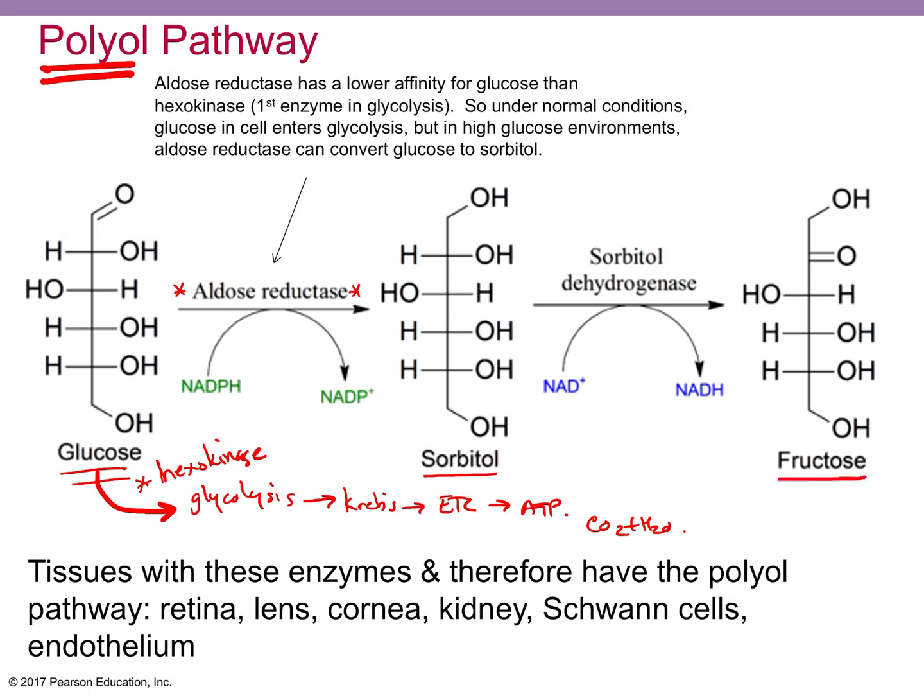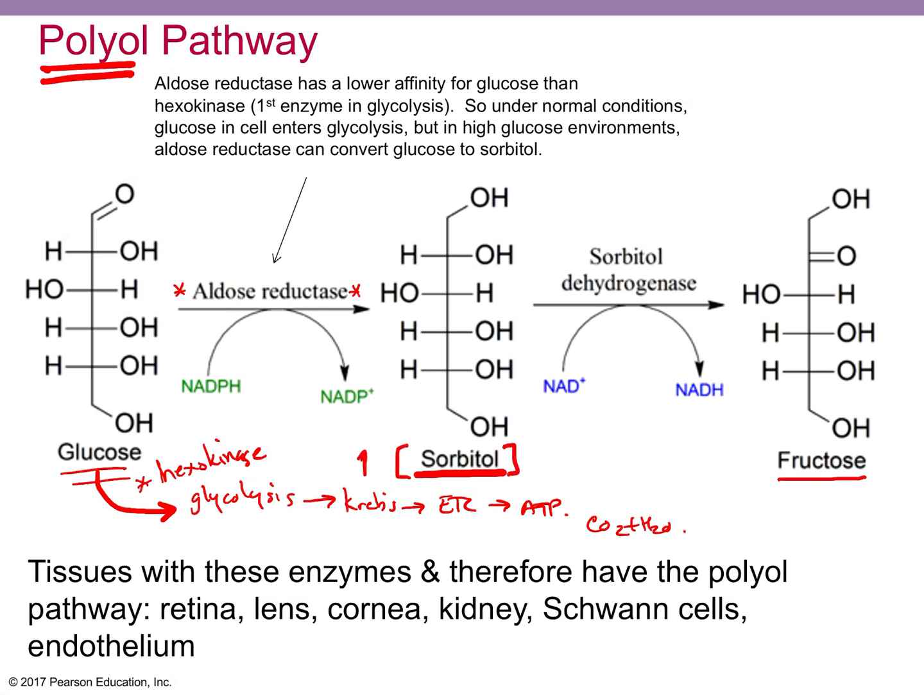This is a normal process in the cells I just mentioned, the retina, the lens. They have this pathway because it's meant to do a specific metabolic reaction. However, if you have an excess amount of glucose, you have an excess amount of sorbitol being produced. The sorbitol does not leave the cell because there's no transporter for sorbitol out, so it builds up inside the cell.